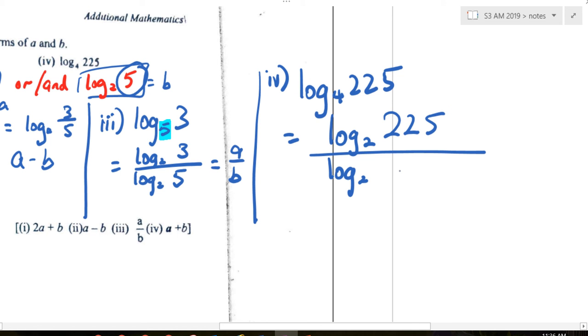What do you think I need to do next? Expand the 225, or you break down 225 into its factors. So Zahira did that just now, and what are the factors? 3 times 3 times 5 times 5.